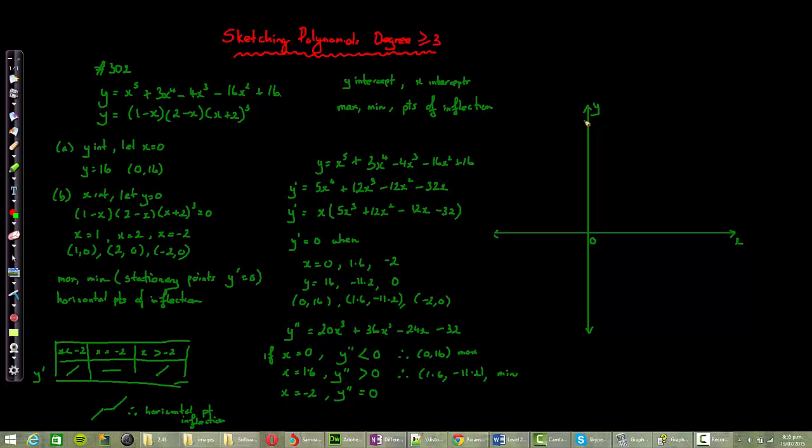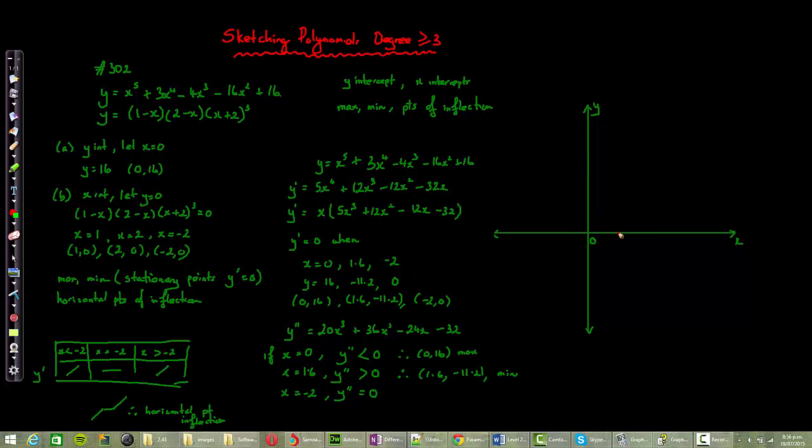Okay, so what do we do with all of that? Well, we're going to plot those values onto our graph. Now just change that to a different color. Now we've got points such as 1, 0, 2, 0, negative 2, 0. These other points over here, also the x values, if you look at them, are not that far away from these. The maximum y value we need to be going up to is 16, and we're going down to negative 11.2.